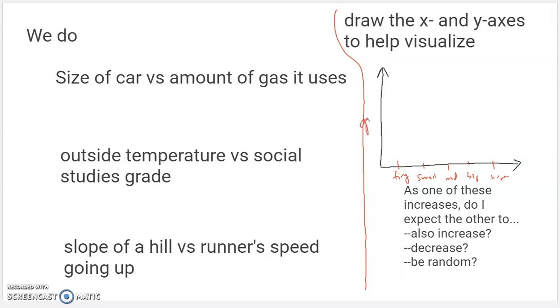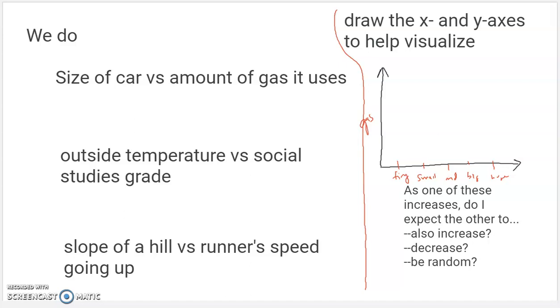And then gas up here. How much gas do they use? So as the size of the car increases, do I expect the amount of gas it uses to be more and more, less and less, or random? In my experience, bigger cars require more gas to run.